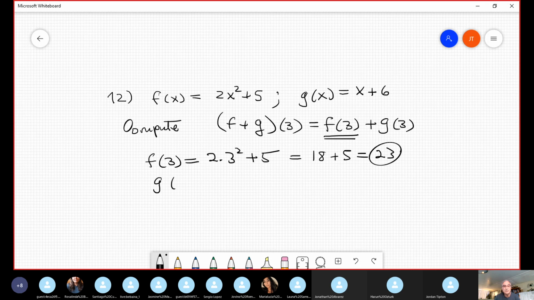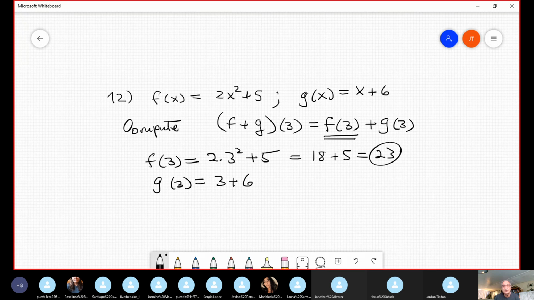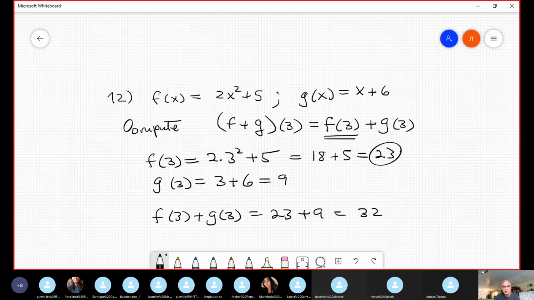And g in 3 is 3 plus 6, which is 9. Both together, 23 plus 9, 32. That's the final answer. Easy, super easy.